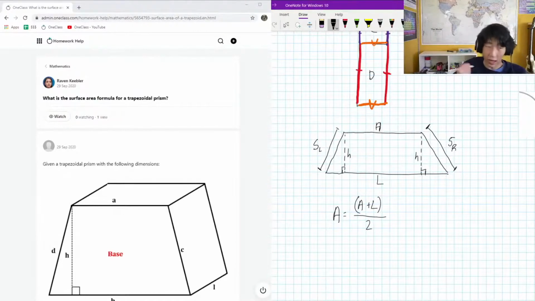We're pretty much just going to average them, because this is really just going to be a parallelogram if you rearrange it. So we take the average of the top and the bottom: add them together, divide by 2, and multiply by the height.